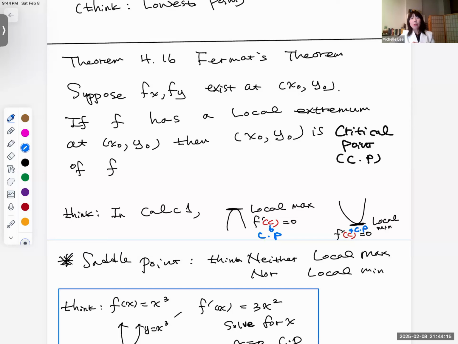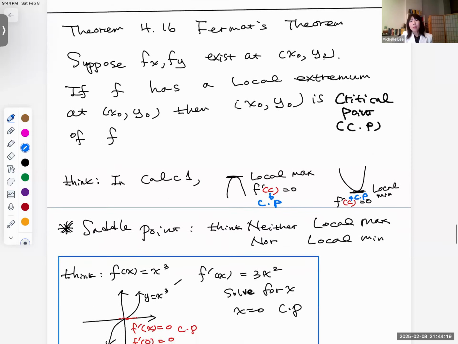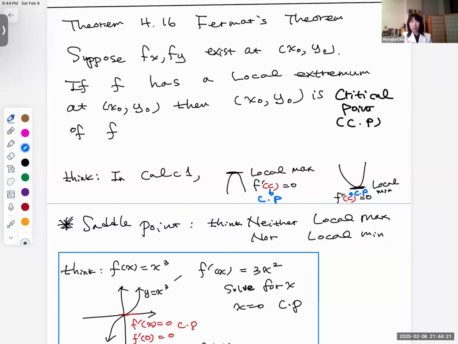Okay. So we have a saddle point here. This is a new vocabulary term, but look, a saddle point is neither a local maximum nor a local minimum.